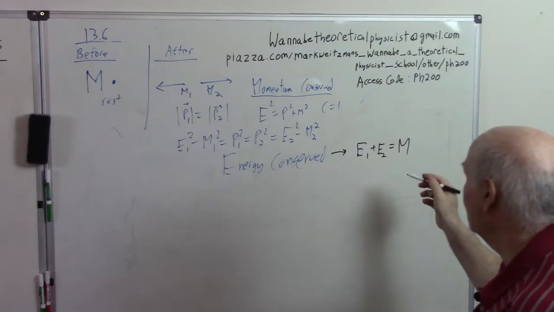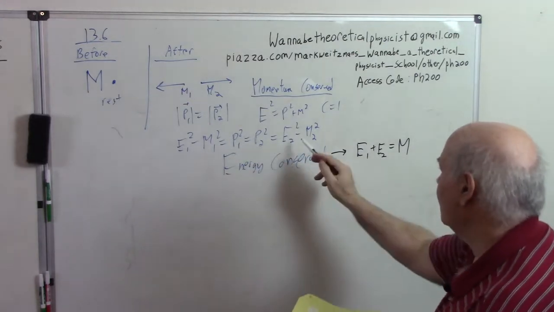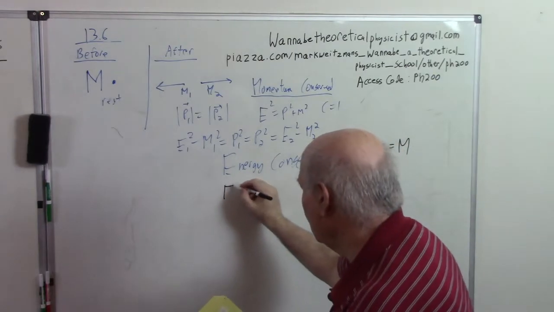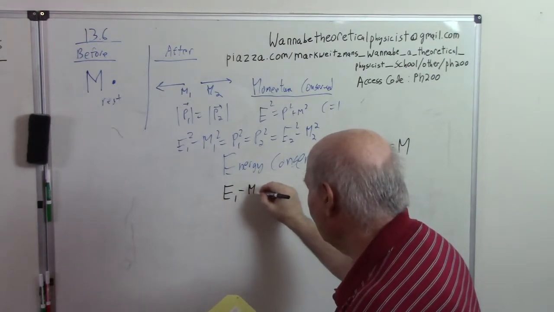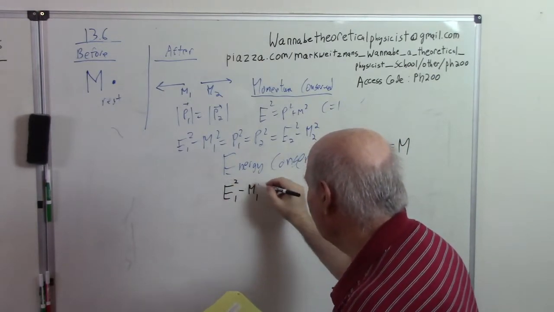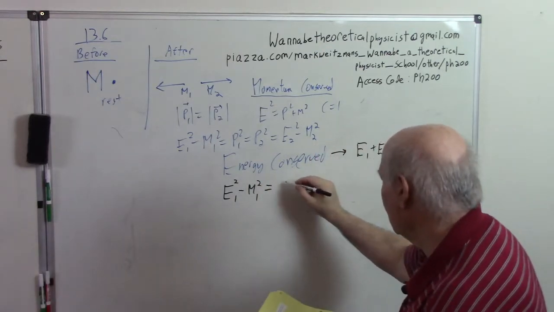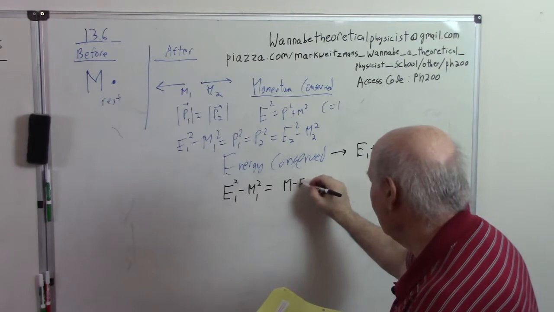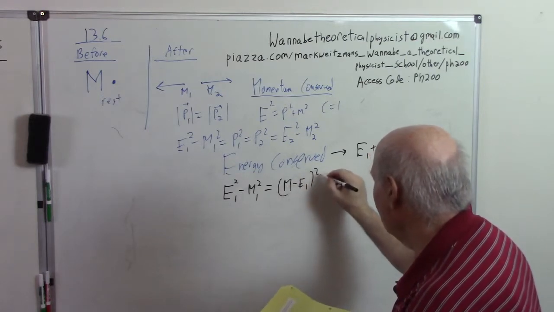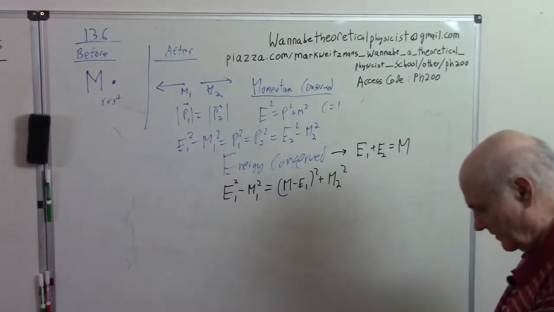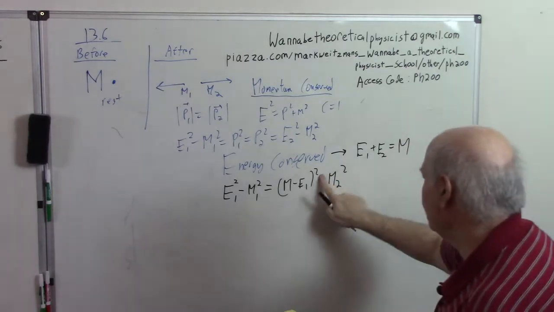So now let's just, in this equation here, substitute for some values, and so we get E1 squared minus M1 squared is equal to M minus E1 squared plus M2 squared. Nope, something's wrong there.